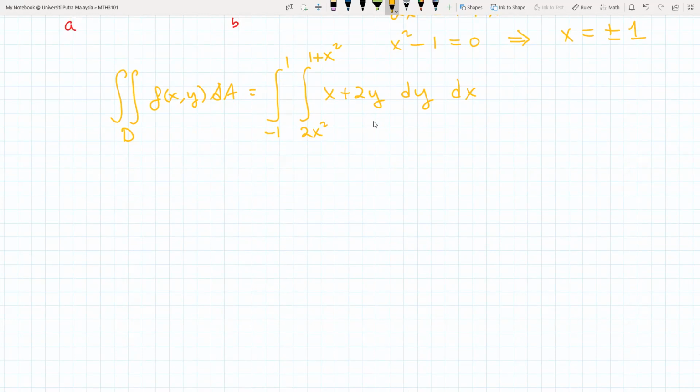Okay, let's look at this problem first. The inner integral. Okay, let's see. Integrate from 2x squared to 1 plus x squared of x plus 2y dy.